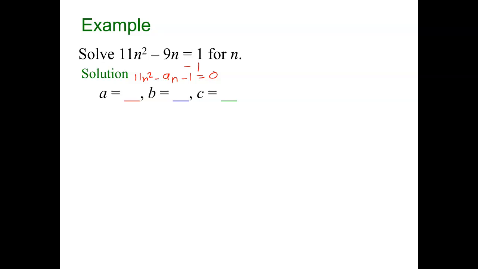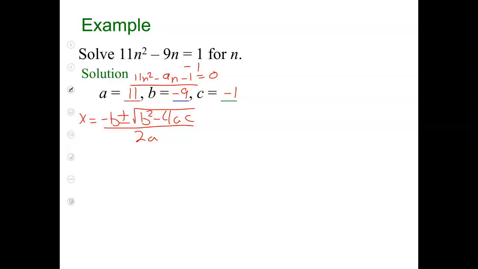So, looking at our quadratic in standard form, what's the value of a? 11. What's the value of b? Negative 9. What's the value of c? Negative 1. So we're going to plug that into our formula. x is equal to negative b plus or minus the square root of b squared minus 4ac all over 2a. Okay? Write out the formula every time you use it so that you have it memorized.